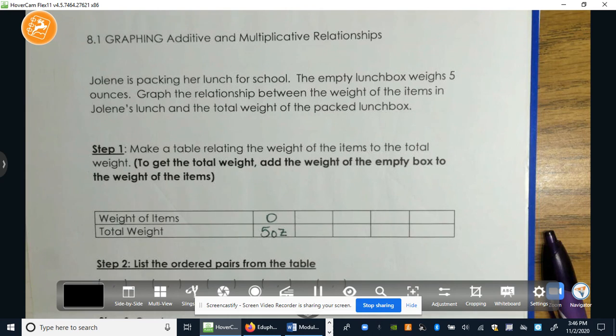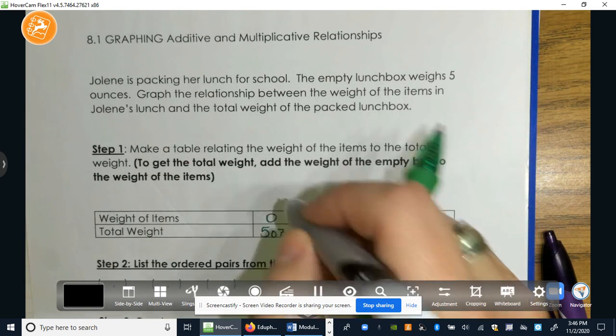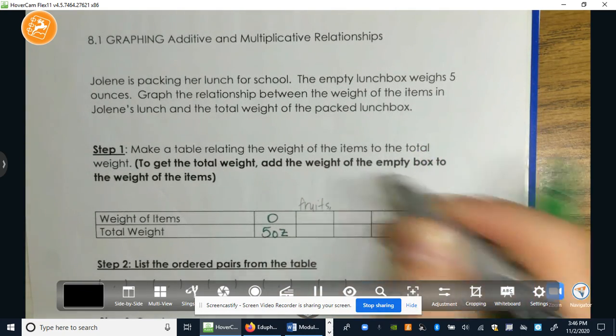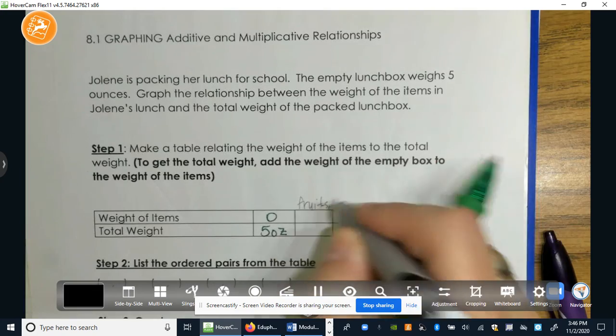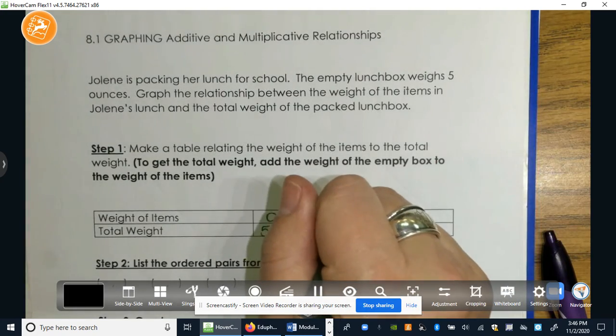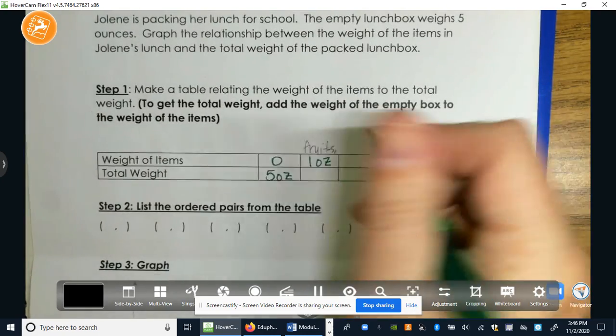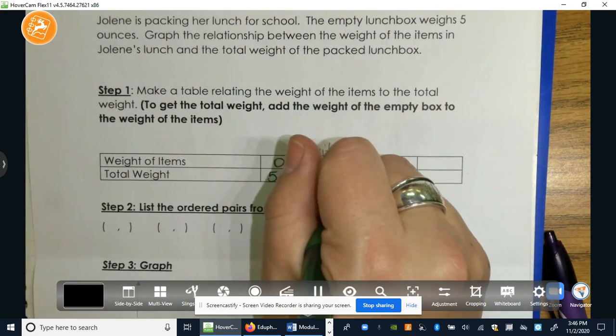Okay. Now let's say she put in some fruit snacks. And those fruit snacks weighed 1 ounce. So then she weighs her lunch kit, then it would be 6 ounces.